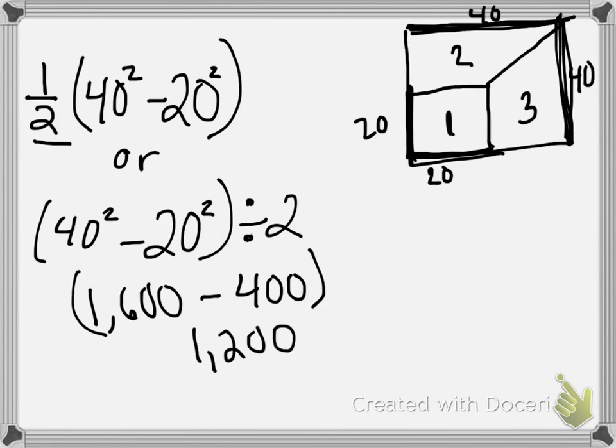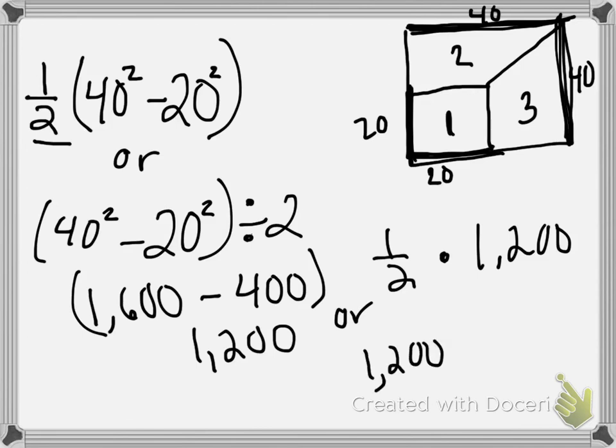1,200. Now you can either do 1/2 times 1,200, or you could do the 1,200 and you could divide that by 2, which a lot of times I feel like that's a little bit easier if the numbers are easy to work with. So I'm going to do my 1,200 divided by, oops, I'm supposed to divide that by 2.